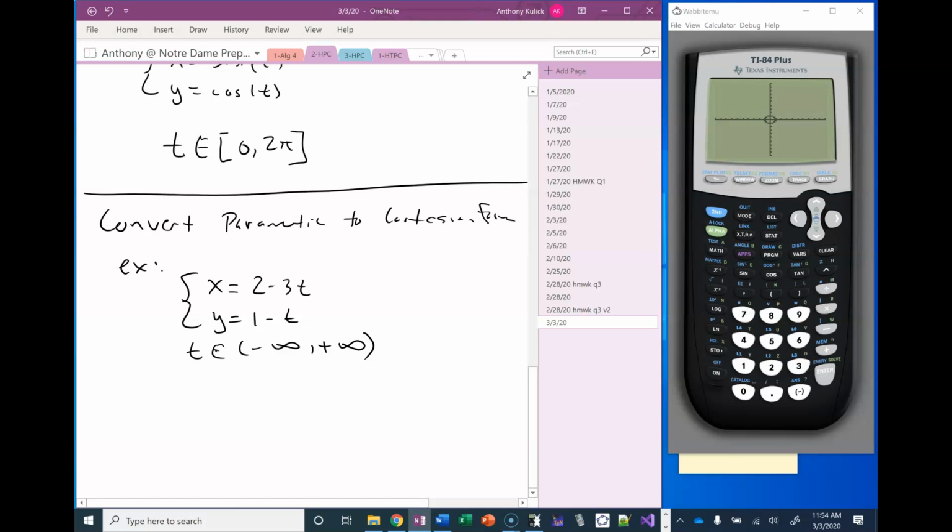So to convert from parametric to Cartesian, what I really need to do is eliminate the variable t. Everybody's okay with that idea? This shouldn't be too bad, considering that t is a parameter or variable in each of my 2 equations.